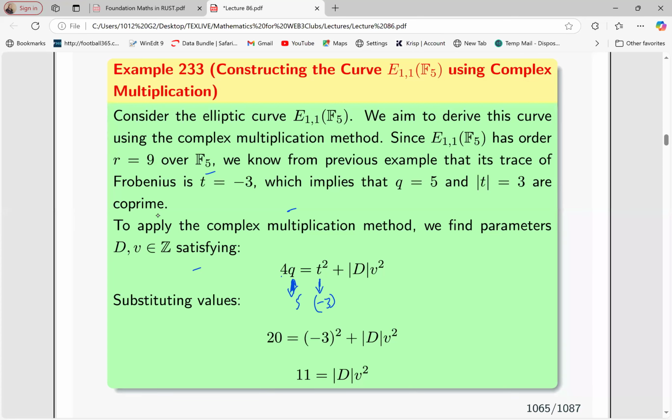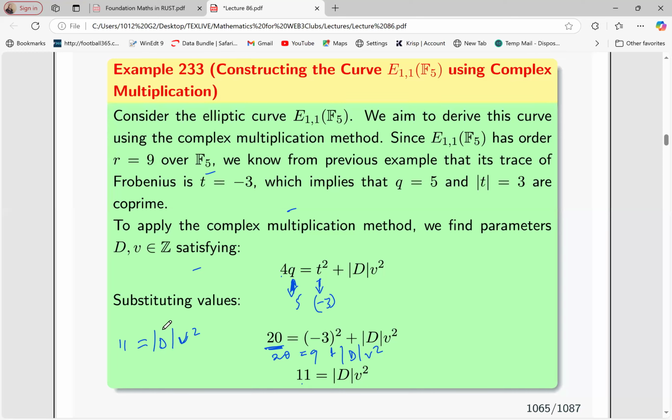So 5 times 4 gives you 20, and -3 squared is 9. So 20 is equal to 9 plus d multiplied by b squared. So 9 goes to the other side, and you have 11 is equal to d multiplied by b squared.